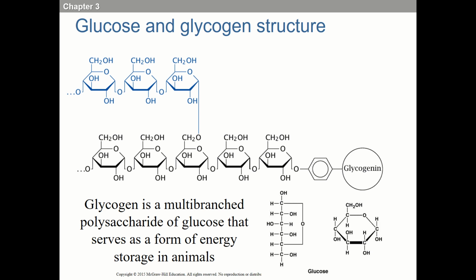Glycogen is really just numerous branches of glucose molecules with something at the core of it called glycogenin. One of my oldest friends, Cody Hahn, in a biochemistry class, said to our biochemistry teacher, so you're telling me at the core of stored glucose is glycogenin, which is a protein?